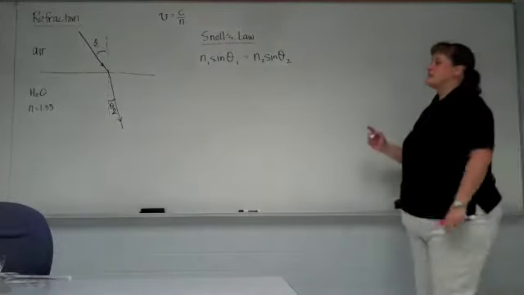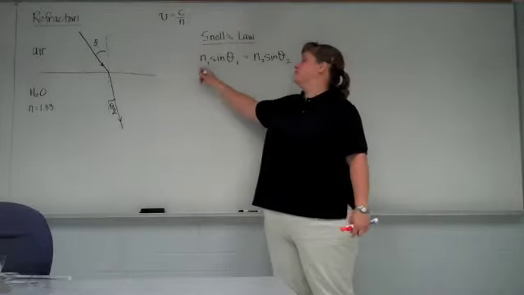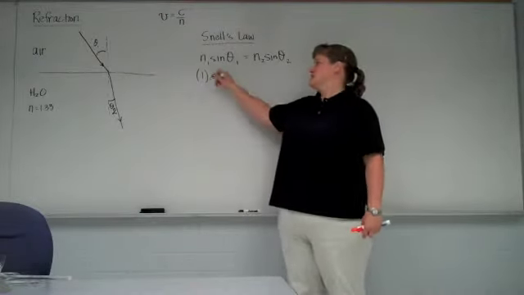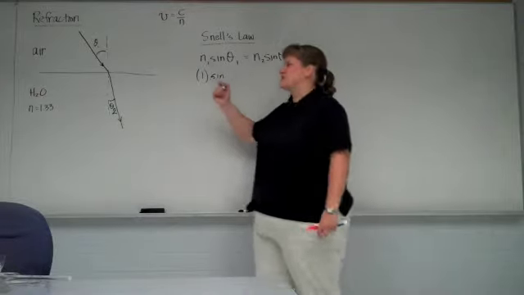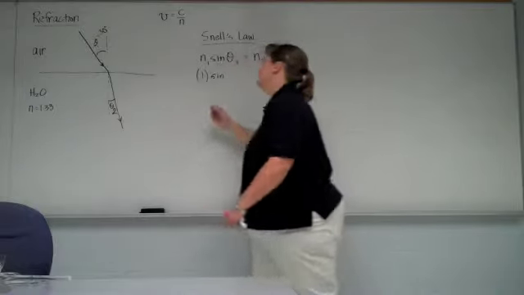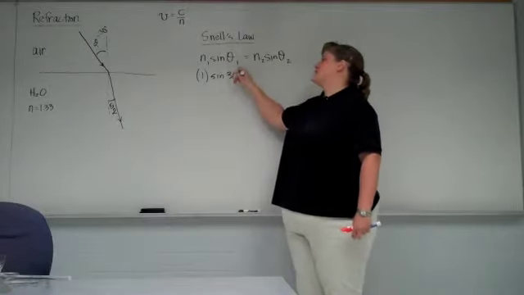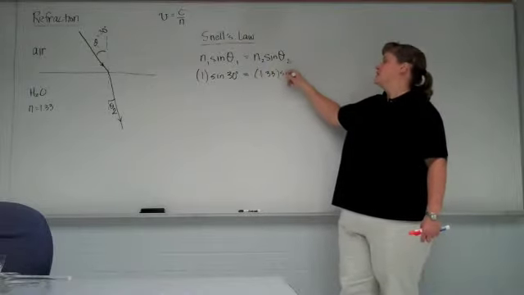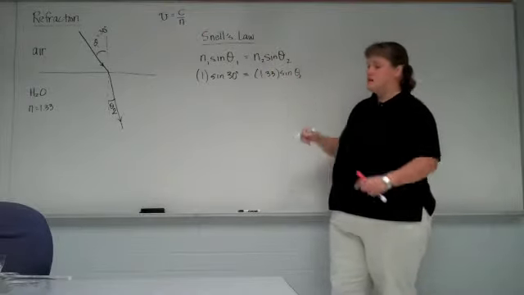So in this case, n1 would be air. Index of refraction of that is 1. Sine of theta incidence, let's say this angle is 30 degrees, for example. So the incident angle would be 30 degrees. n2 is water, 1.33. Theta 2 we can find.